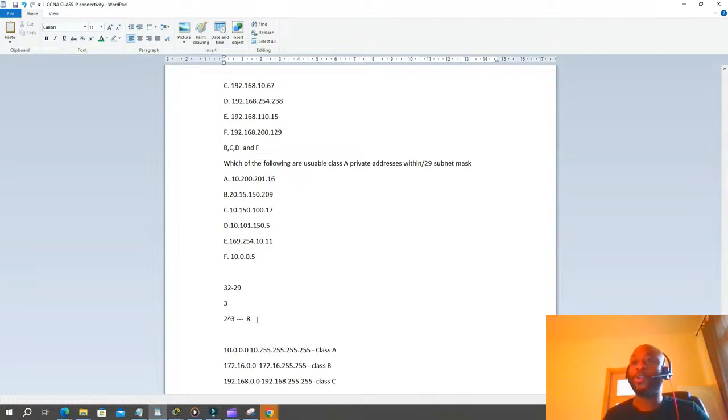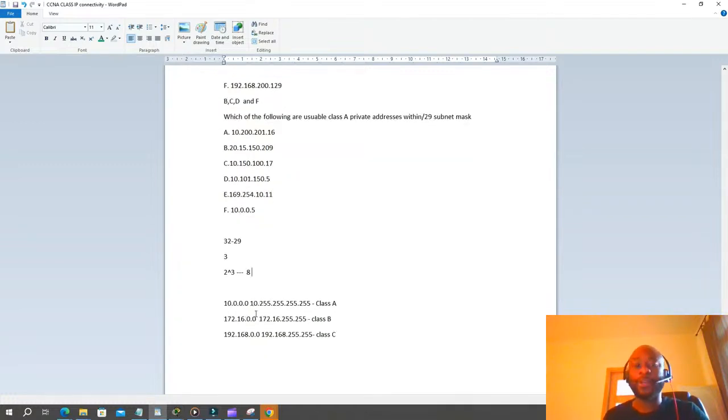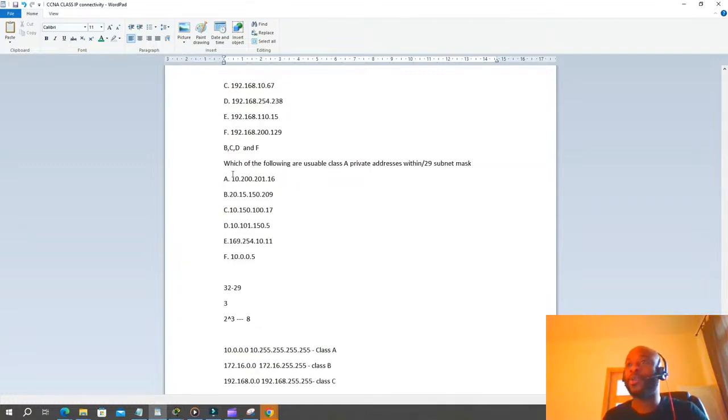So the network is gonna be like from 8, 16 and the rest. So you obviously know what the first network for this is going to be. 10.200.201.0 to 7. Then the second one is going to be from 8 to 16. And this is 16, which shows this is not correct. Then 20, like I told you, is not a private address. That is incorrect.